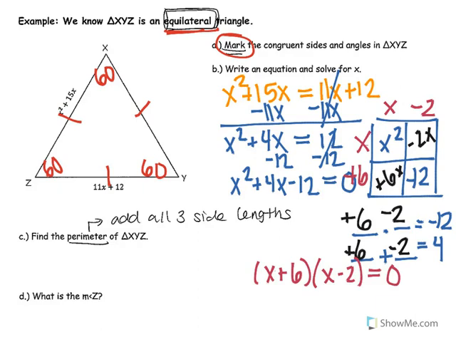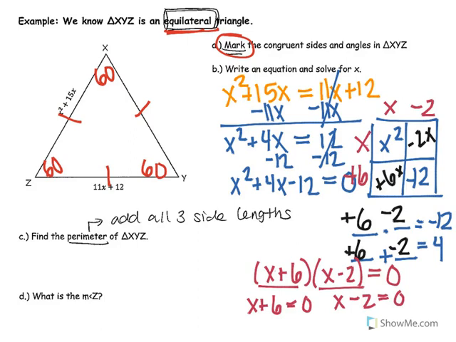So from there, how do I actually solve for x? I solve for x by recognizing, well, if I have a product, I have something times something, and it equals 0, I know that either this first factor had to be 0 or this second factor had to be 0.